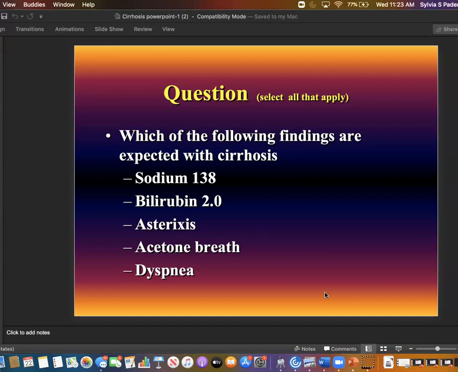Coagulation disorders are due to the impaired production of clotting factors. The ammonia level rises because the liver is unable to process the protein, leading to hepatic encephalopathy and behavior changes, and potassium is low.